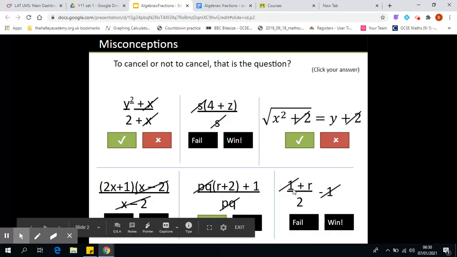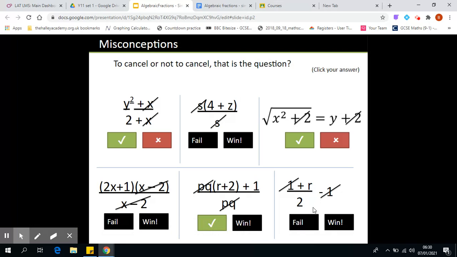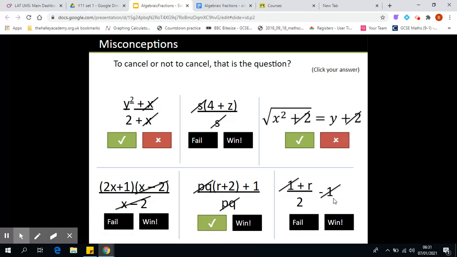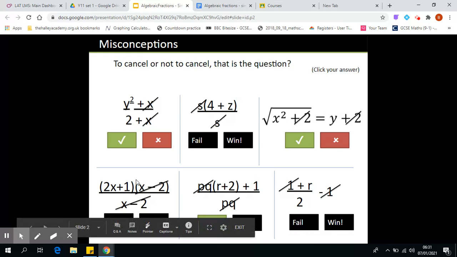And finally, 1 plus R over 2 minus 1. We can't subtract 1 on either side because 1 is divided by 2, and it's actually half take away 1 rather than 1 minus 1.